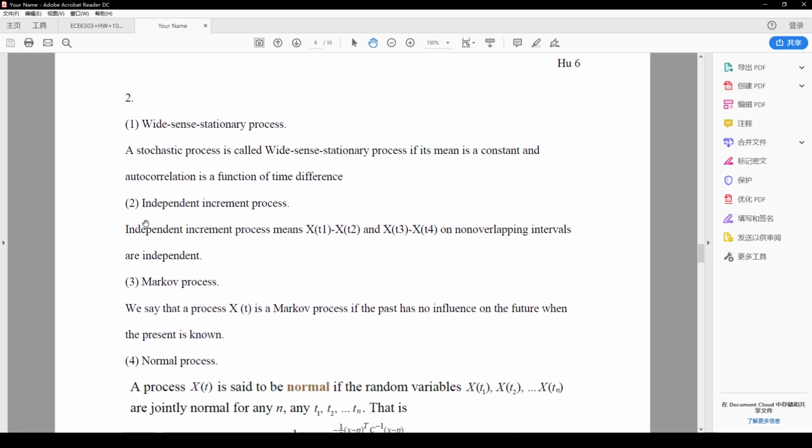And the second is the independent increment process. The independent increment process means that for different times, T1, T2 and T3, T4, these two are non-overlapping intervals. Let me draw a picture.